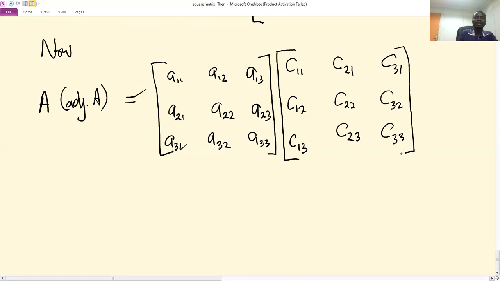So this is the definition of this product, and so we'll have multiplication of these 3 by 3 matrices.